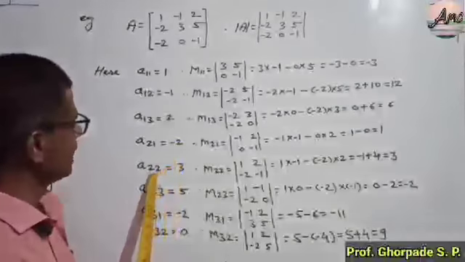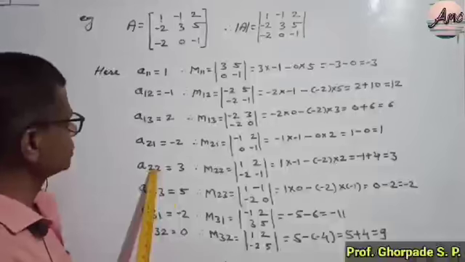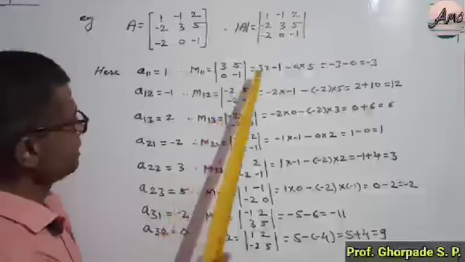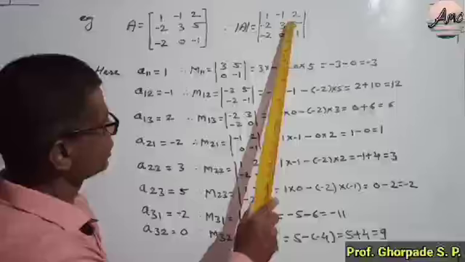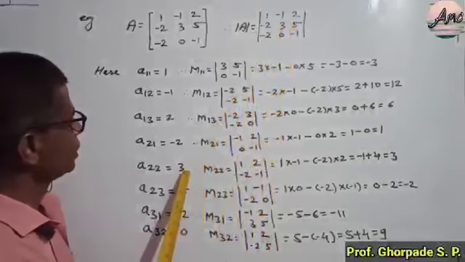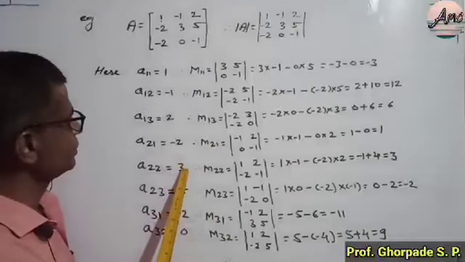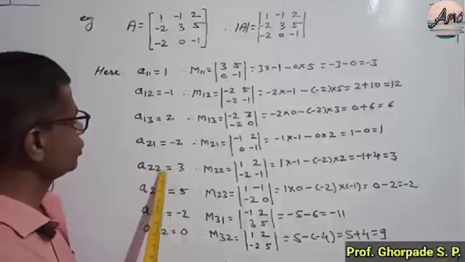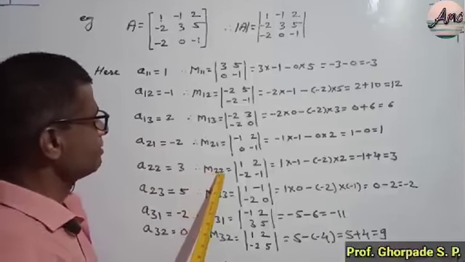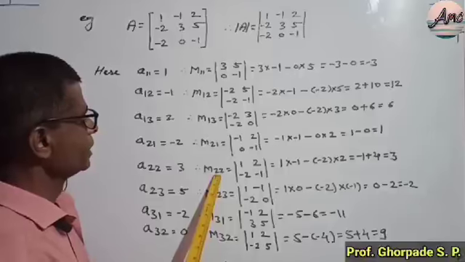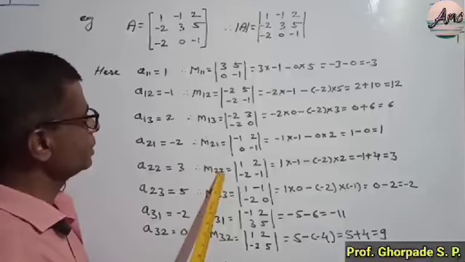Then take A22. A22 is in second row, second column. The element present in second row, second column is 3. So we have to find the minor of this 3. So the minor of A22 is denoted by M22, which is obtained by deleting the second row, second column.